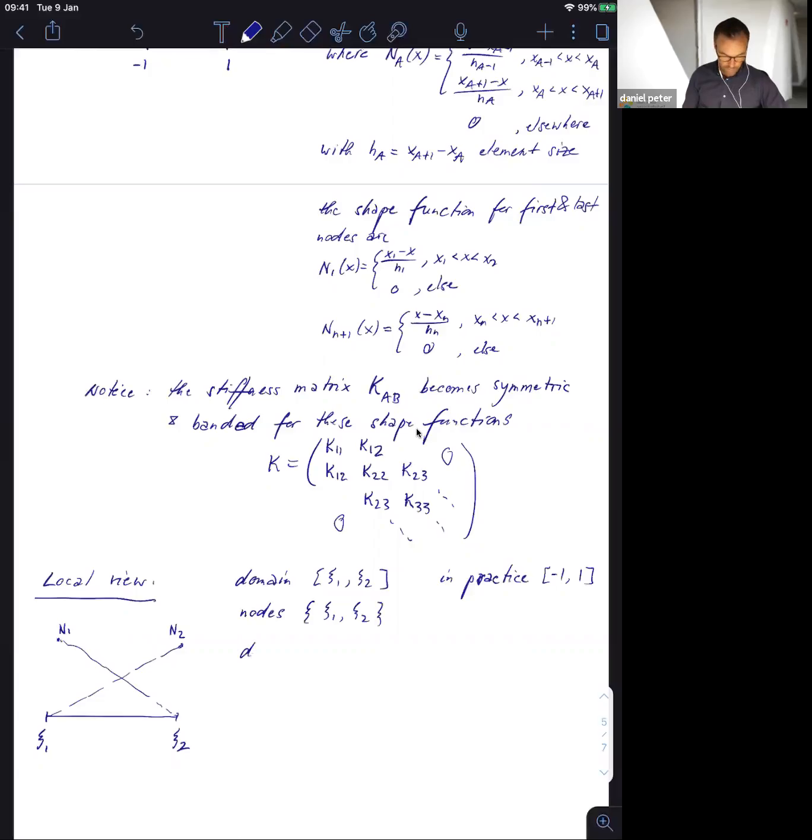The degrees of freedom, we have our D1 and D2. And the shape functions are always N1 and N2.